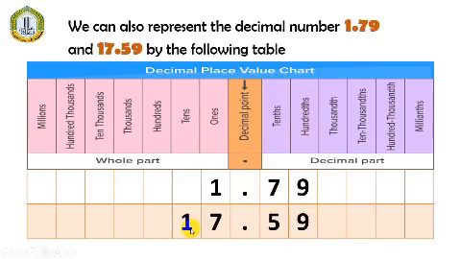In 17.59, we have the decimal point in the middle. To the left side, the 7 is in the ones digit and the 1 is in the tens digit, and to the right, we have the 5 in the tenths digit and 9 in the hundredths digit.